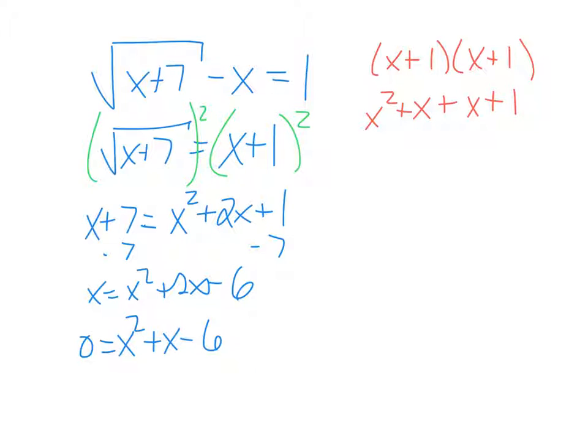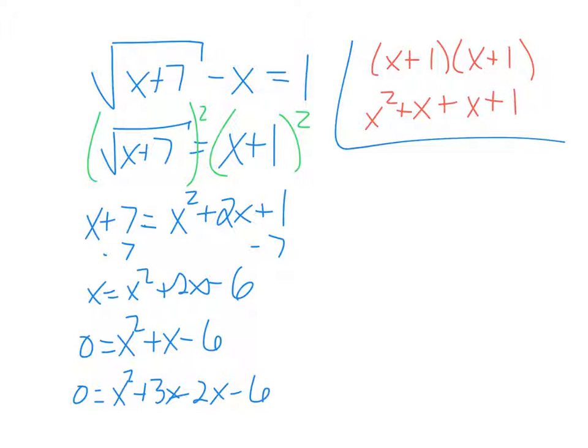So how do we do this? Add 6 to each side? No, you're crazy. Why did we do all that work to get it set equal to 0? Now you gotta factor. We need factors of 6 that differ by 1: 3 and 2. So x squared plus 3x minus 2x minus 6.